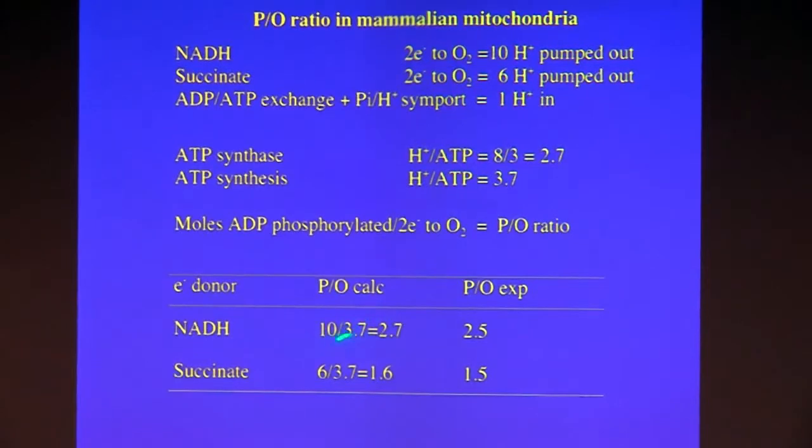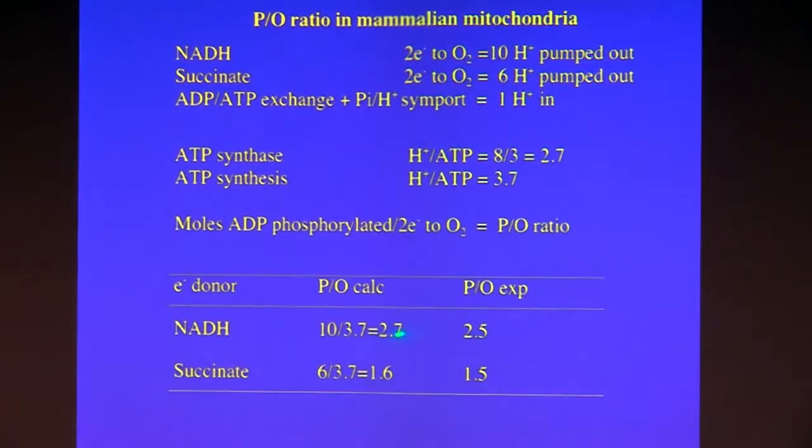It's simply the number of protons that are pumped out when using these substrates, so 10 or 6, divided by these numbers that you've deduced from the structure. So these are the calculated values, and these are the experimentally determined values determined by Chance and Williams and by other people.